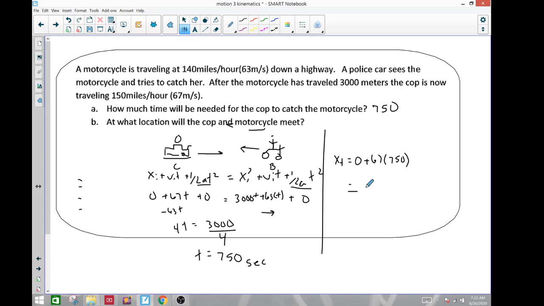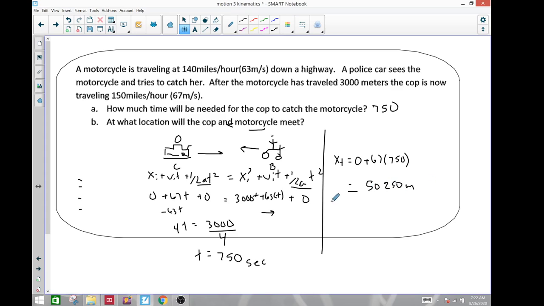Grab a calculator and punch that in: 67 times 750, and I got 50,250 meters. You can double check my math. The unit I'm using for distance is meters.